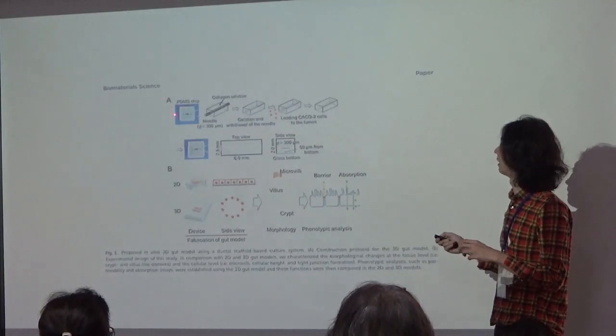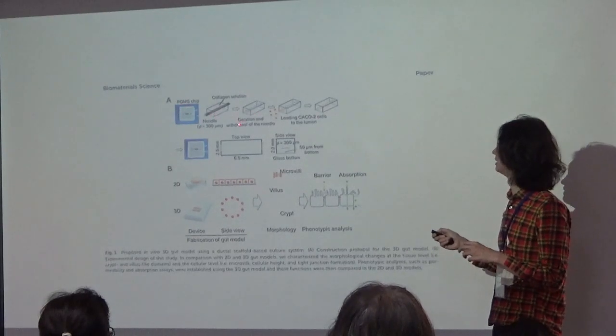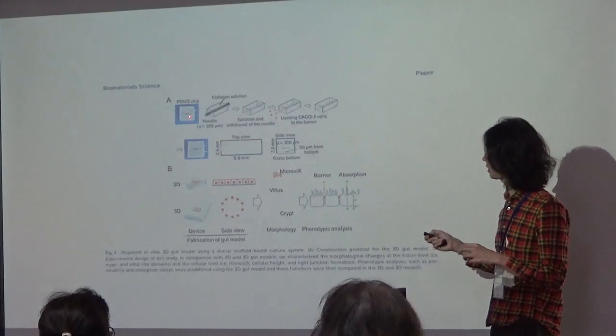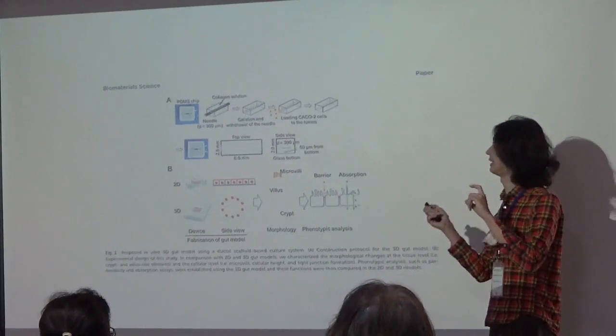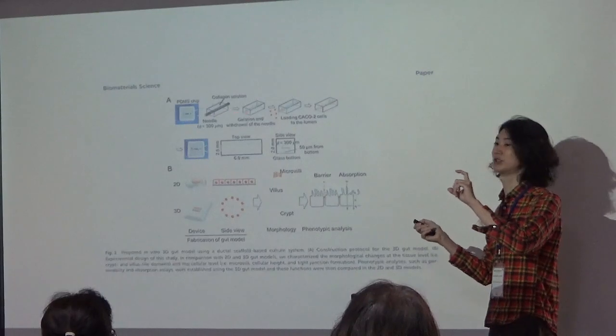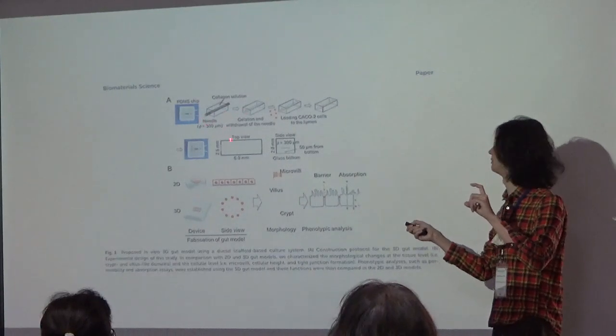But we also use this PDMS chip. The collagen gel is soaked into the center of the well, and then we insert an acupuncture needle into the gel from the side.